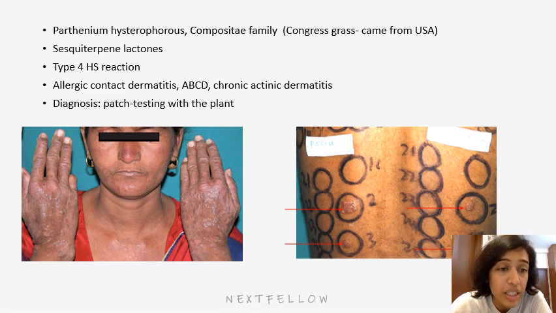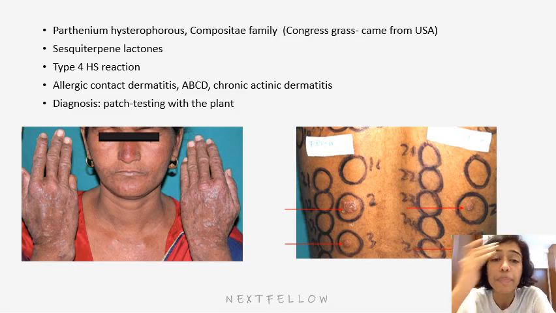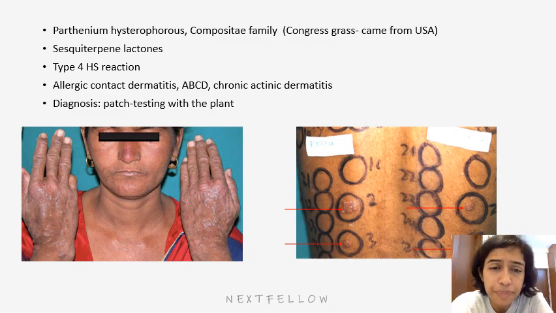So here in the photos you can see the lady with chronic exposed areas being lichenified, the face. This is a photodermatitis, and over here you can see the patch test with a positive. So one is the patch test. In the second panel you see a photo patch test. So they've done a patch test and they probably use the plant material.